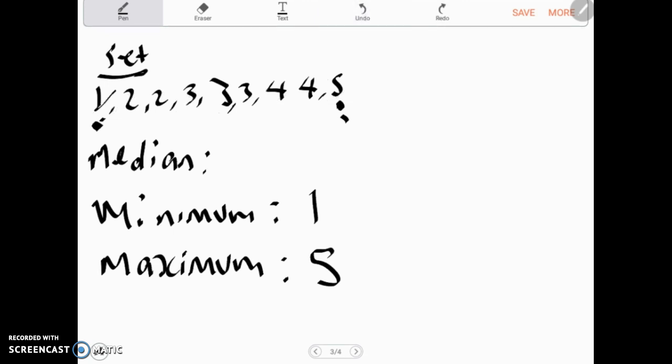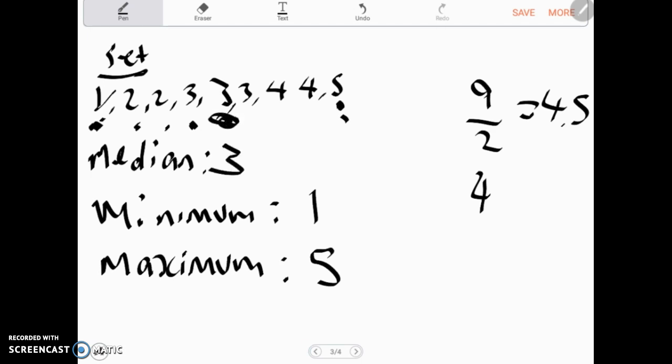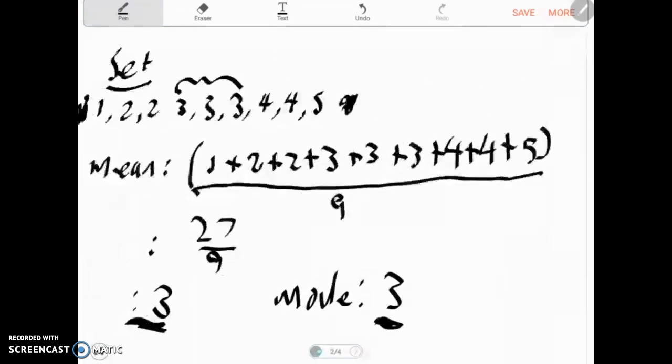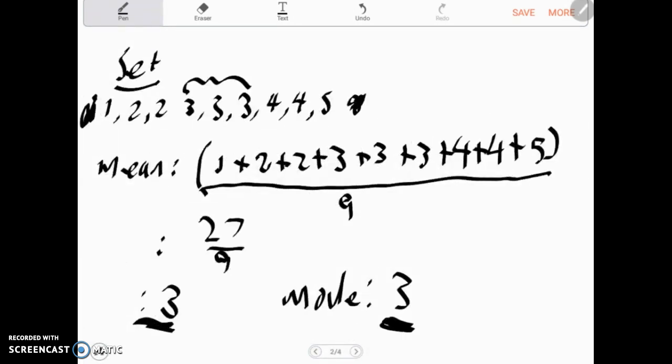Or you can say, okay, well, 9 divided by 2 is 4.5, rounded down to 4. You go 1, 2, 3, 4, and then the next one is your median. So the median is 3. Your minimum is 1, which is the lowest value. Your maximum is 5. And I think we forgot the mode. The mode is the most common value. The mode is 3. So that's the start of terminology for statistics.